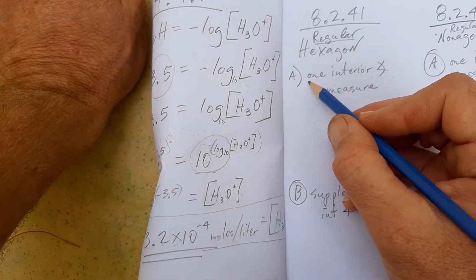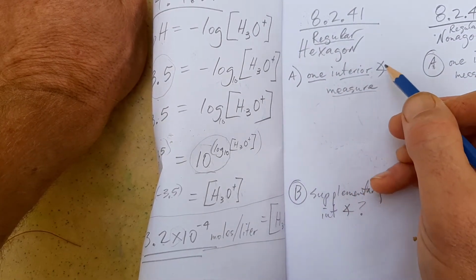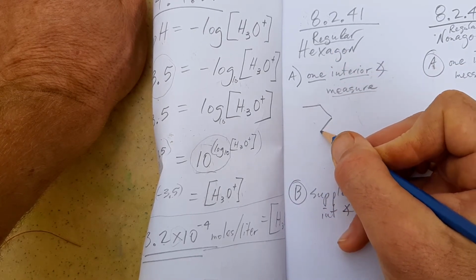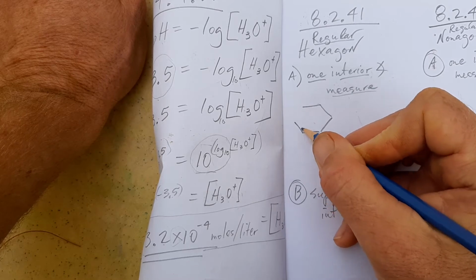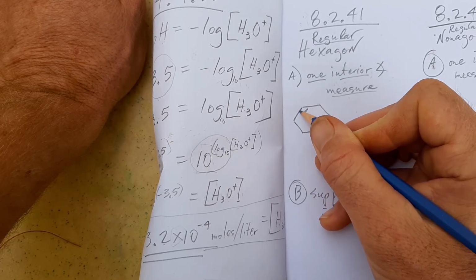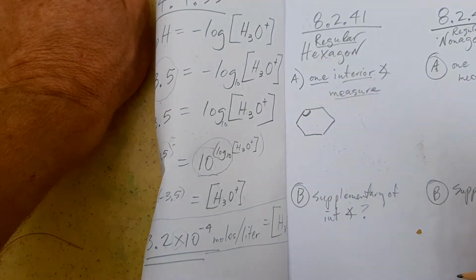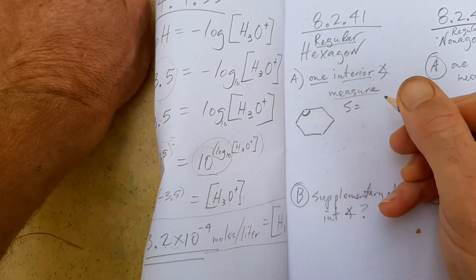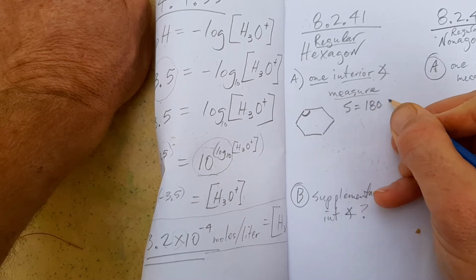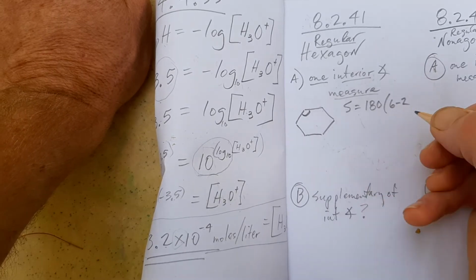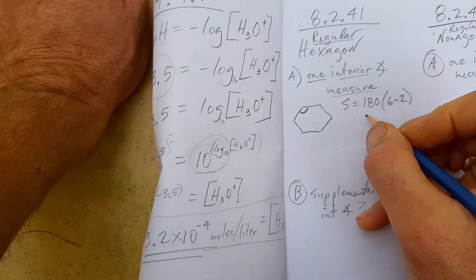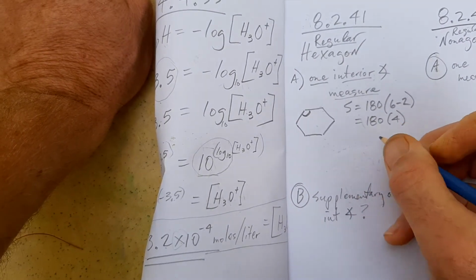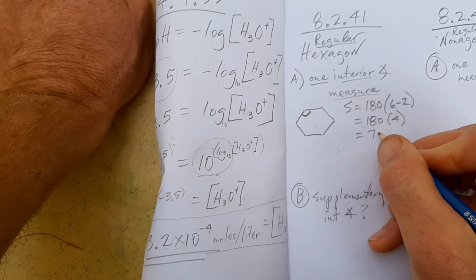What is the measure of one interior angle in my regular hexagon? Regular hexagon, each side is the same length, each angle is the same. So what is the measure of one of these interior angles? Well, let's get the whole thing. The sum equals 180 times (6 minus 2). Hexagon has 6 sides. 180 times 4 is 720.